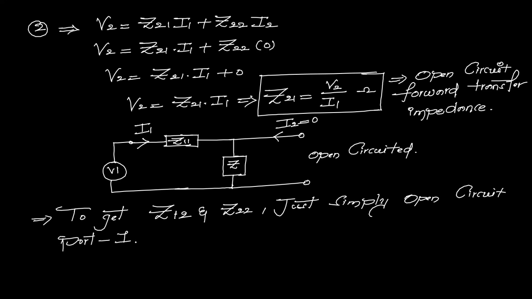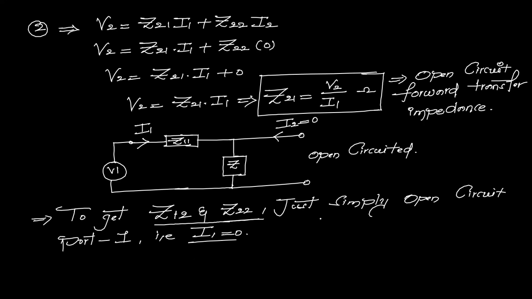If we are opening port 1, it means the current flowing in port 1, I1, is equal to 0. Now substitute I1 equal to 0 in equations 1 and 2, then you will get the remaining two parameters, those are Z12 and Z22.